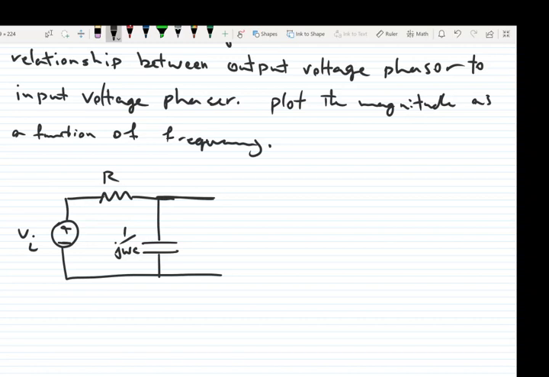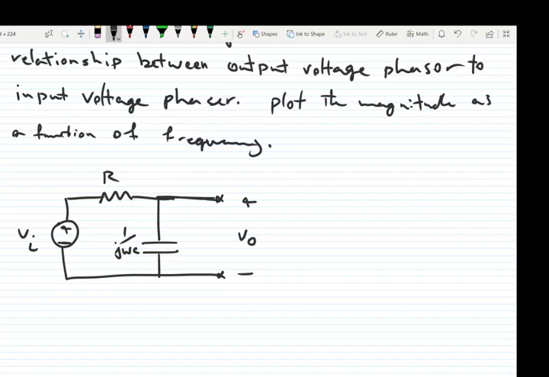Yes, any circuit including a resistor, capacitor, or inductor acts like a filter. So we should be careful when we design a circuit for AC applications. They might filter some frequencies, so block some frequencies. So we always need to study the frequency response of any AC circuit.